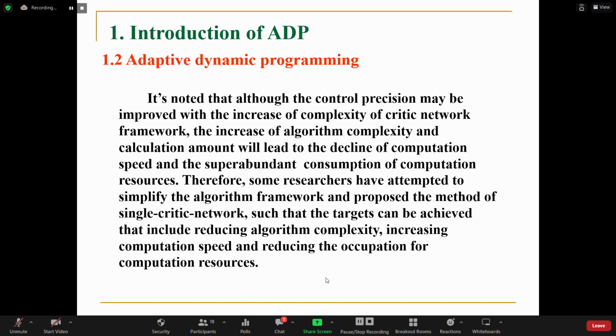Therefore, some researchers have attempted to simplify the algorithm framework and proposed the method of single critic network, such that the targets can be achieved that include reducing algorithm complexity, increasing computation speed, and reducing the occupation of computation resources.